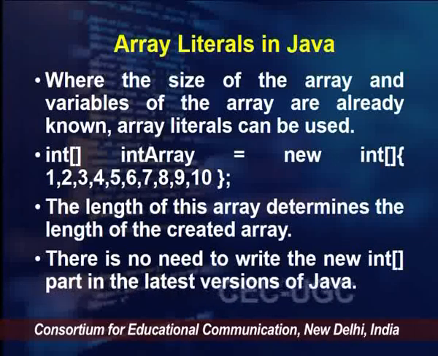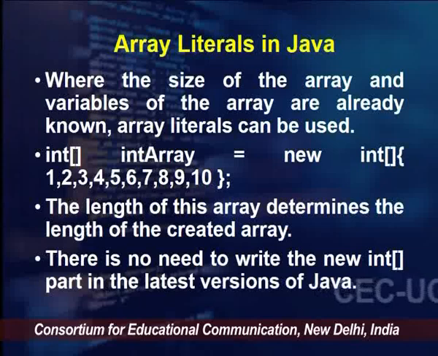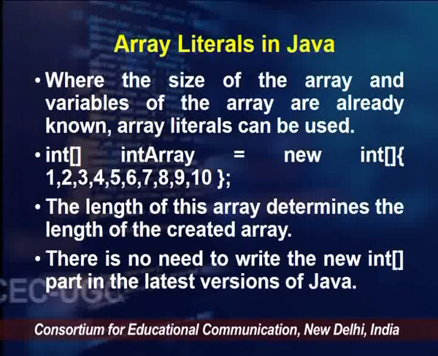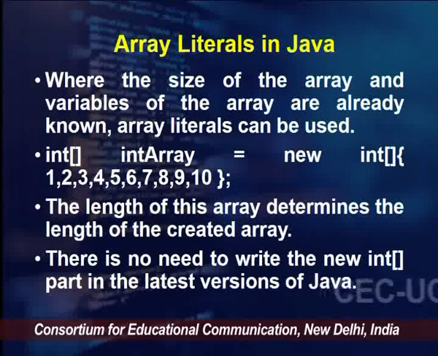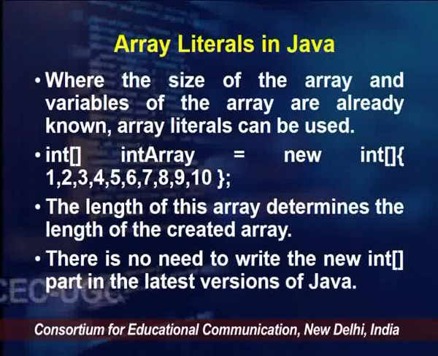After that bracket, within the curly braces, we have written the values to be stored inside int array. But in this whole declaration, we have not specified a number corresponding to the size of the array, because the length of the contents is going to determine the length of the created array.